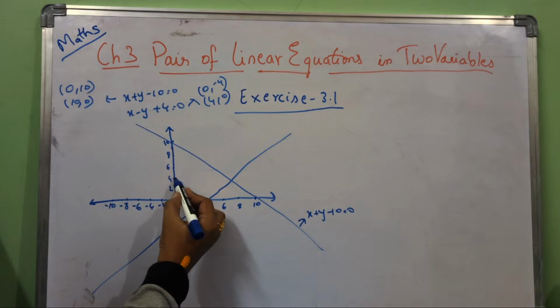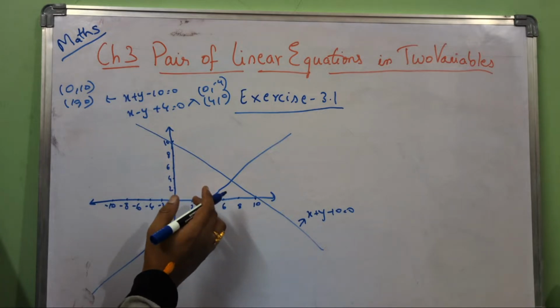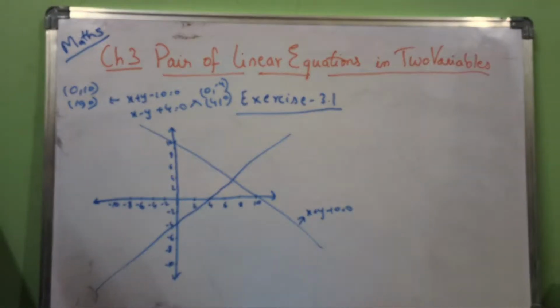So somewhere y is 4 and x is 6. It should be 7.